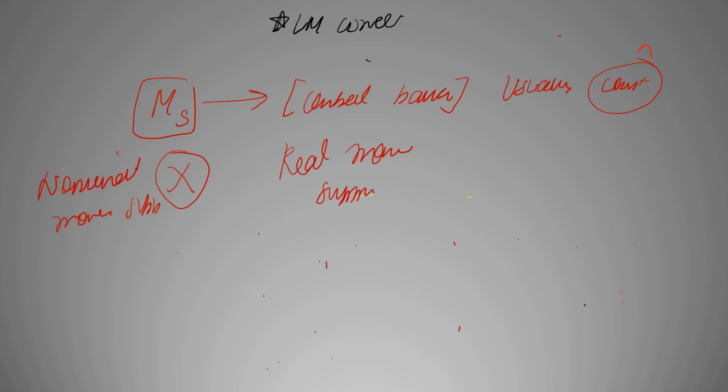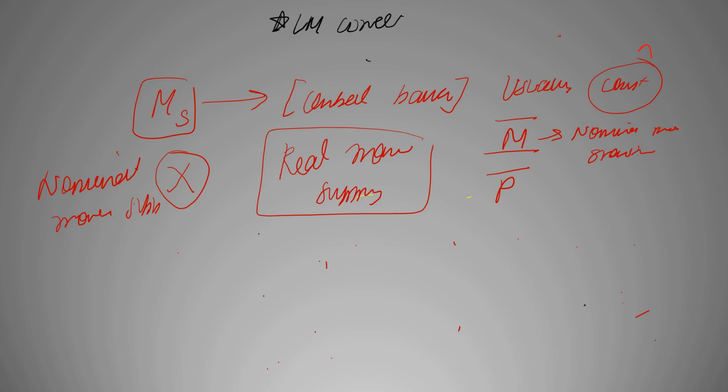Now, if you remember, to find the real money supply, we used to divide by the price level. So your money supply is represented as this: this M is your nominal money, right? And this P over here is the prevailing price level in the economy. So your MS is equal to M by P, right?